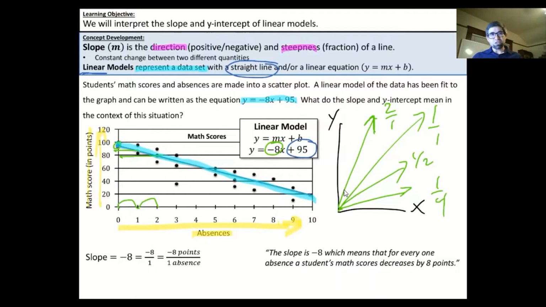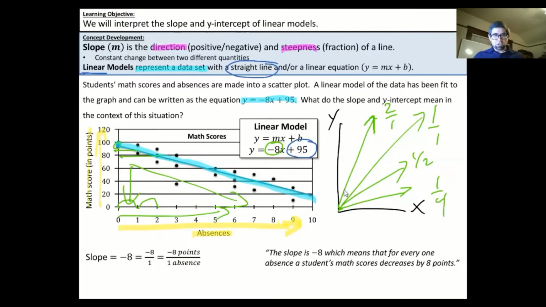If I have a negative slope, then that means as my absences increase, my score in math must decrease. How many points I have decreases. That makes sense both in a real life situation and also in what I'm seeing on this graph. This negative sloped line is showing me that as my absences increase, my scores are actually decreasing.